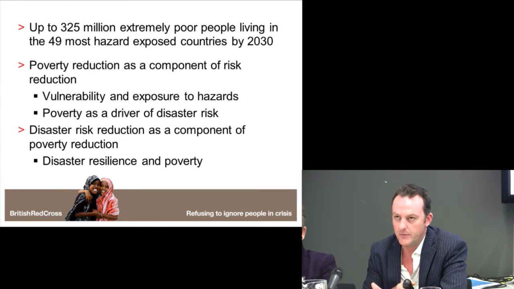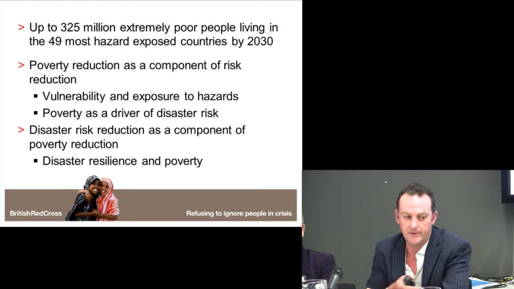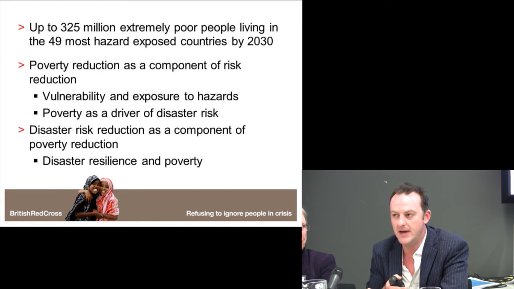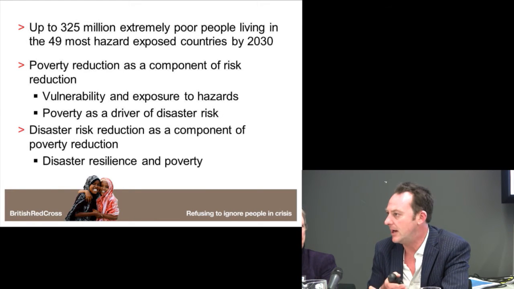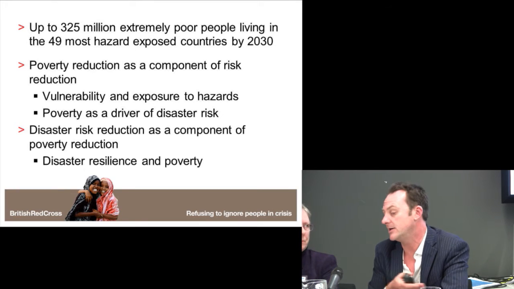I also think we need to think more about how poverty affects people's risk behavior. I'm sure many of you have, for instance, visited the Kathmandu Valley, where poor people are more likely to accumulate disaster risk than those at a higher socioeconomic level.